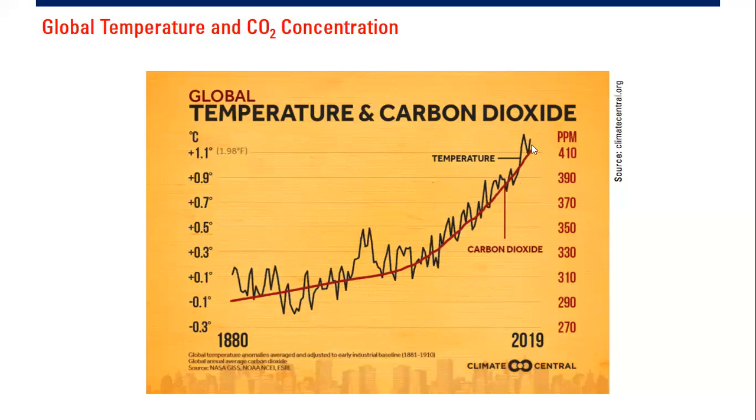And unfortunately, the rate of increase of CO2 concentration in the atmosphere is increasing. So as the concentration of CO2 keeps increasing, we can predict that the global temperature will also increase, unfortunately. And that becomes a huge problem.